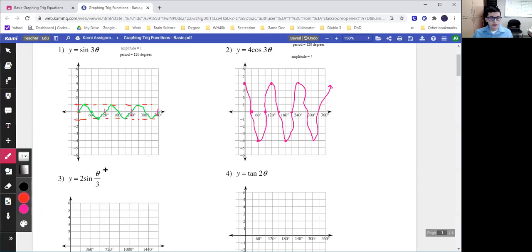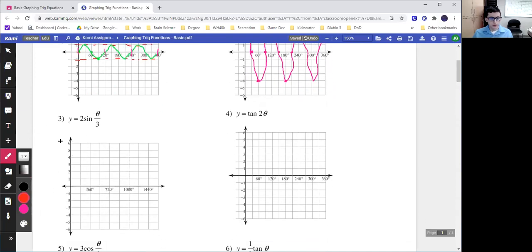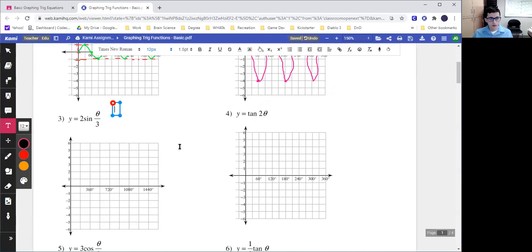So in this case, in question 3, our period is going to be 3 times the regular period. So period equals 3 times 360, which is 1080 degrees.